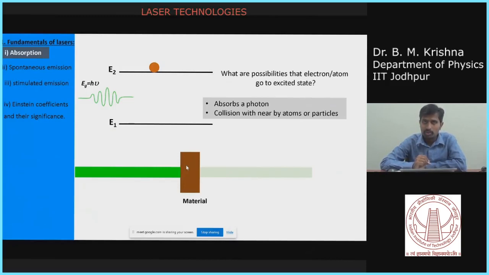In the macroscopic picture, the light beam in the material system is a stream of photons. When it interacts with the material, a large number of photons get absorbed in the material medium.